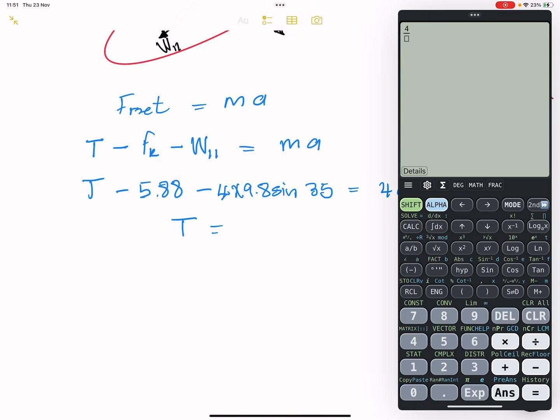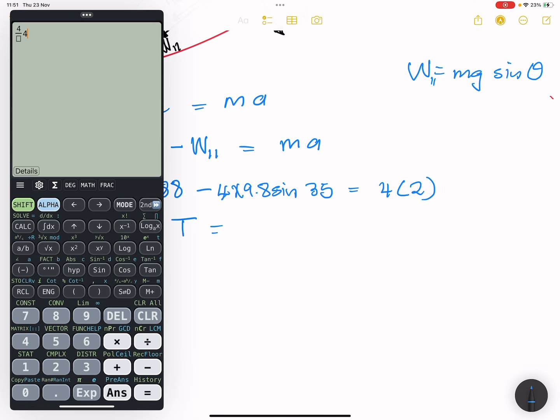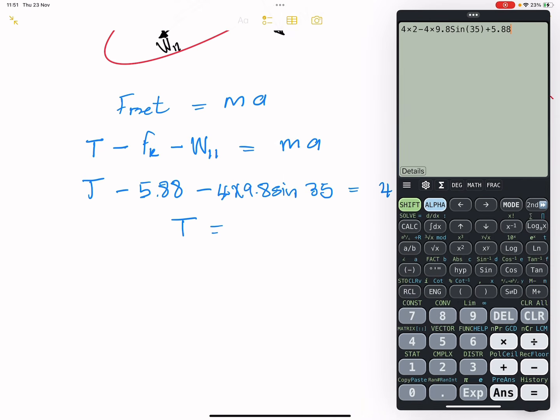All right, so let's try and get that. So we know that we'll have 4 times 2, plus 4 times 9.8 sine 35, plus 5.88, right, and I get a value.